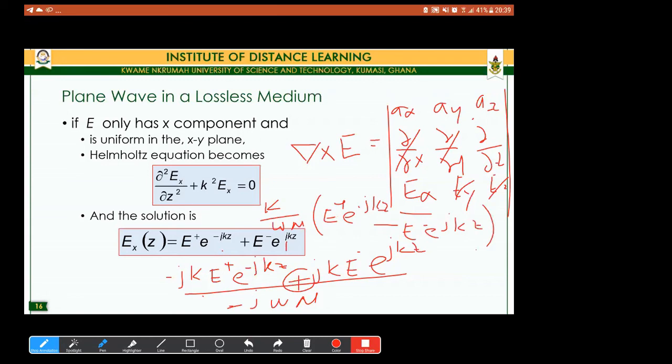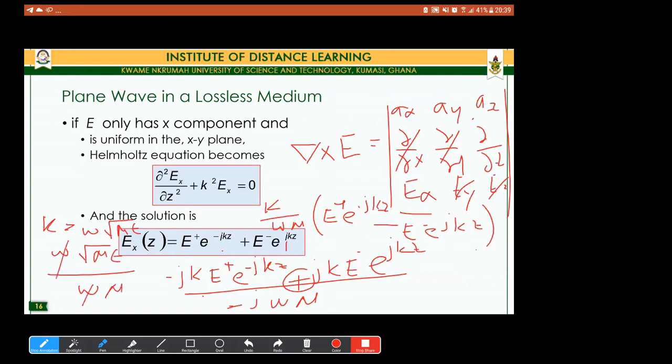So what is k divided by omega mu? Remember that k itself equals omega square root of what? Epsilon mu. So what is k divided by omega mu? That will be omega square root of epsilon mu over omega mu.